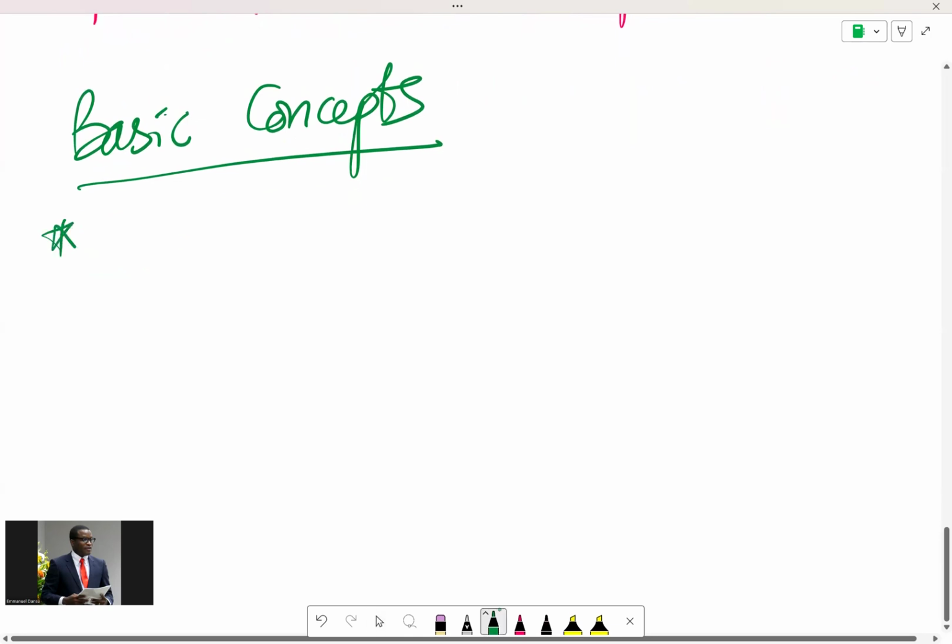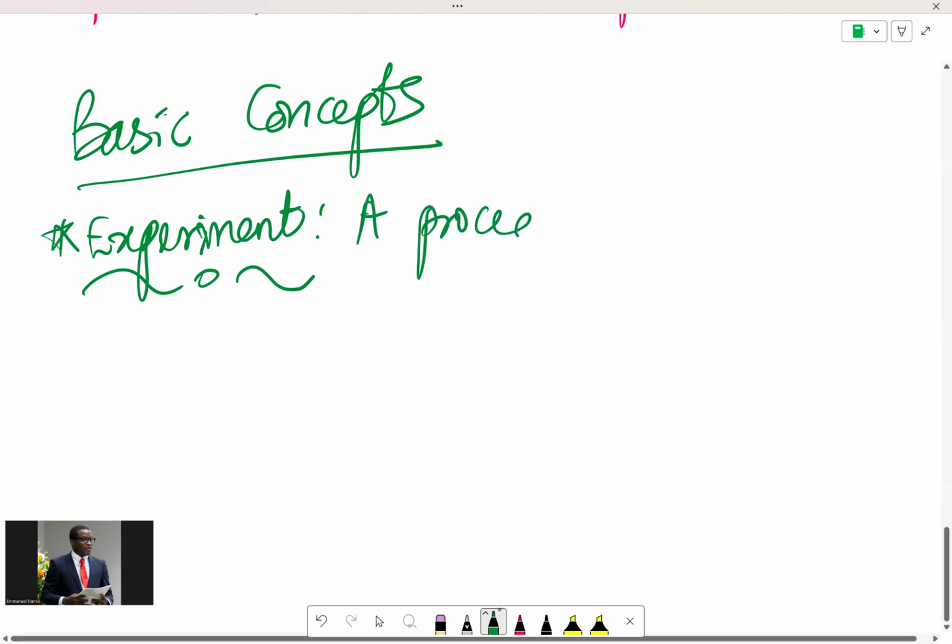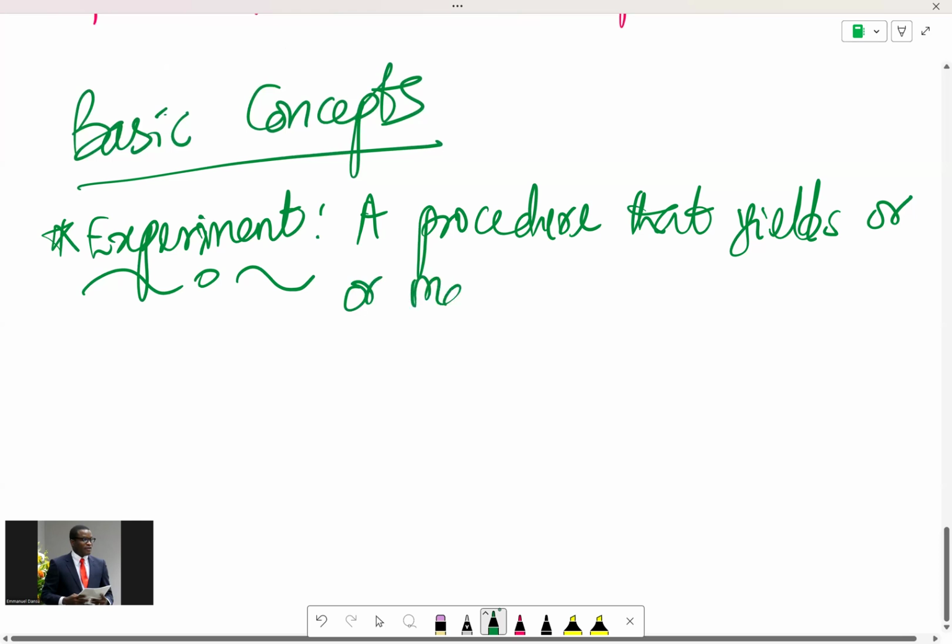We have something called an experiment. An experiment is simply a procedure that yields one or more outcomes. Anything you do that is capable of giving you one or more outcomes is an experiment.